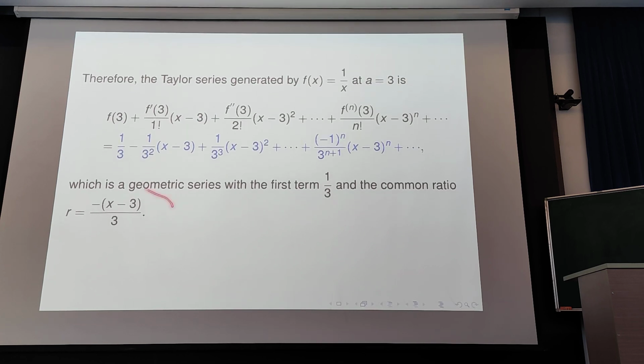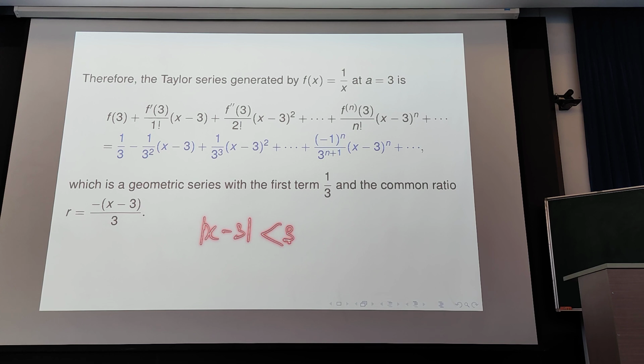And you can see here the common ratio is this one, and we want the absolute value of r less than 1 to have convergence of the power series. That means the radius of convergence now is 3, right?